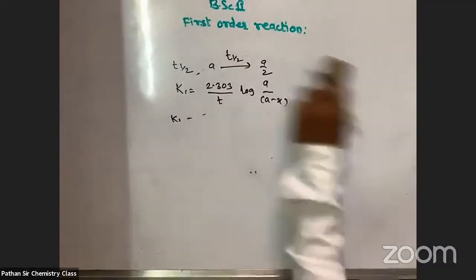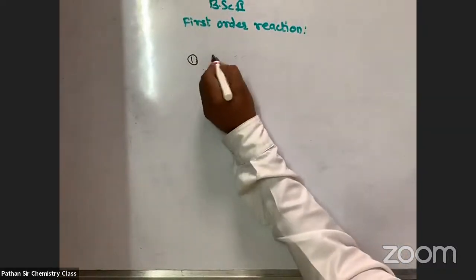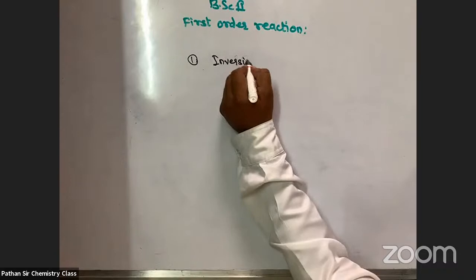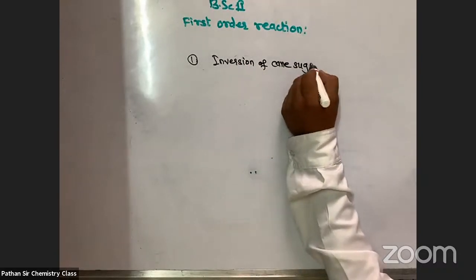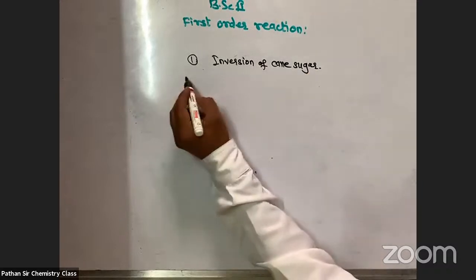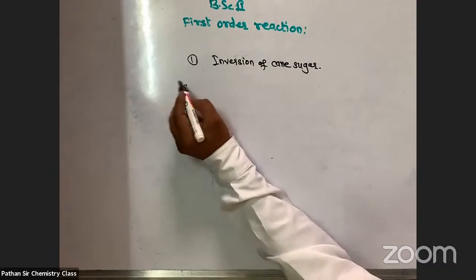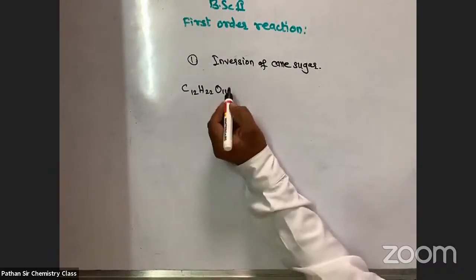Examples of first order reaction. Now see, the first example is inversion of cane sugar. Now see, what is the reaction? Cane sugar is sucrose, C12H22O11.